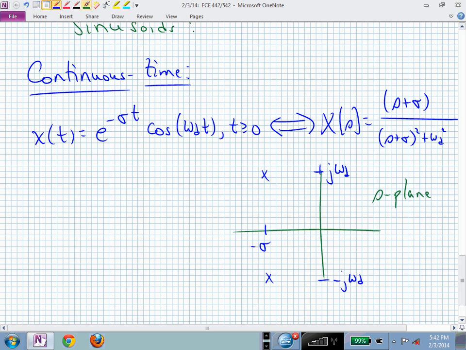And they are away from the real axis, a vertical distance of plus and minus j omega sub d. And we also have that 0 right there at minus sigma. And that's now what the pole zero diagram looks like for this exponentially damped cosine waveform in the time domain, or in the continuous time setting.